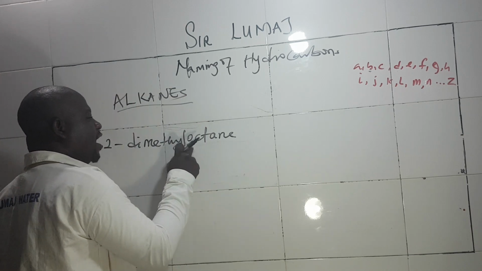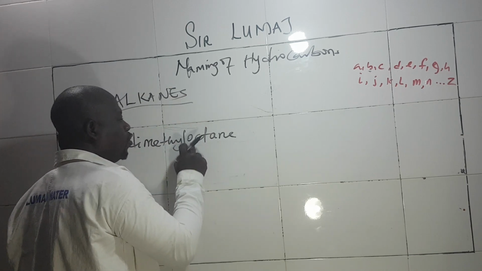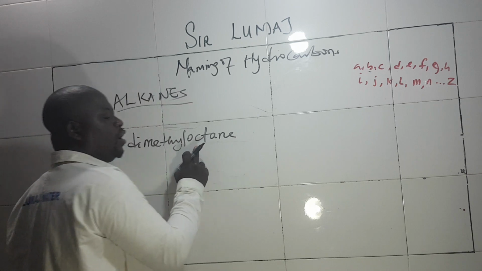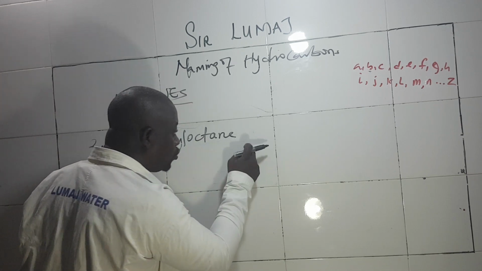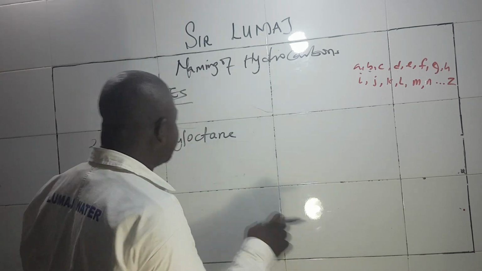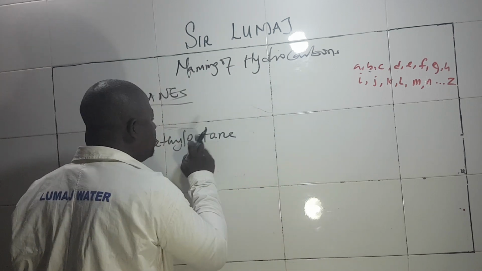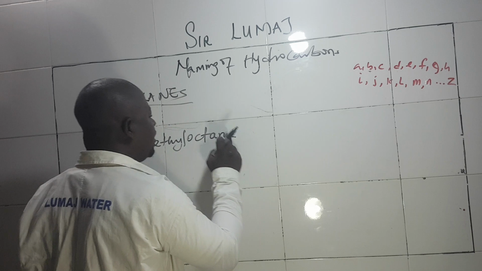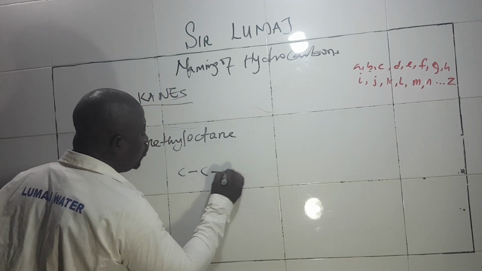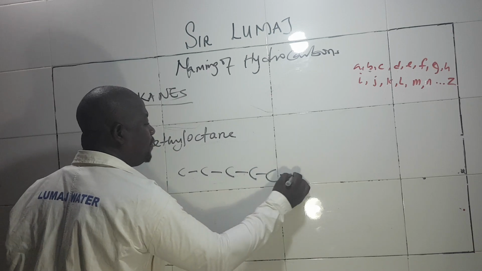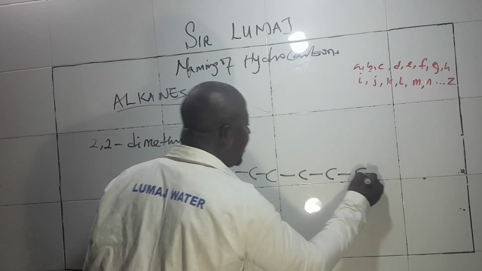The first thing is for you to write the structure of octane, showing only the carbon. Don't draw the attachment yet. Just write how many carbon atoms you have in octane. It's 8. So we're going to have 1, 2, 3, 4, 5, 6, 7, and 8.